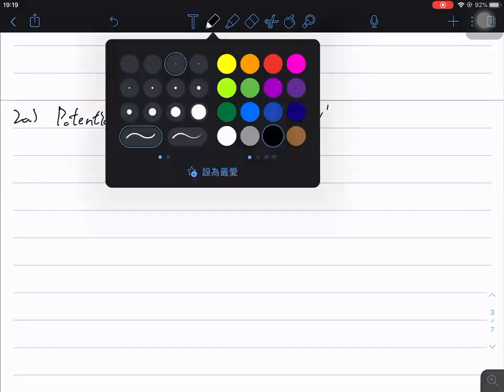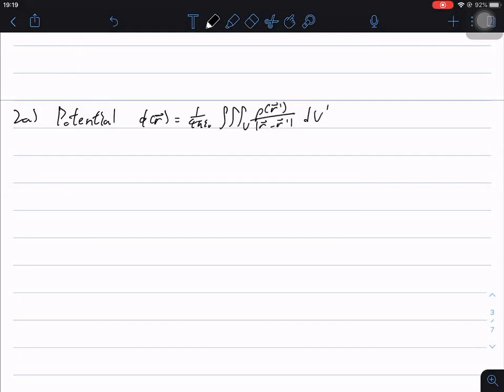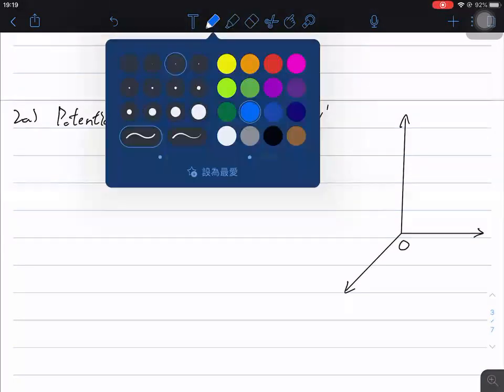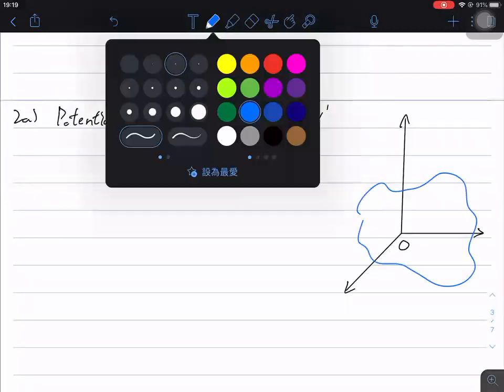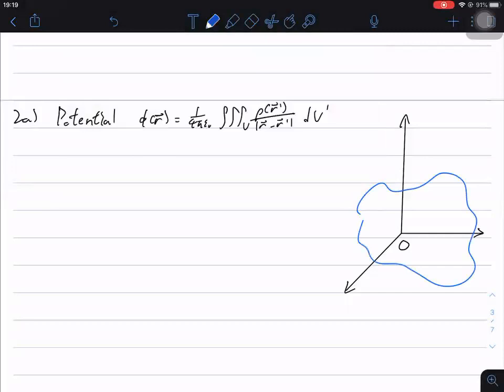So let me draw a figure here. In the particular coordinate system, here is the origin, and we have some charge with some charge distribution rho as a function of r prime.